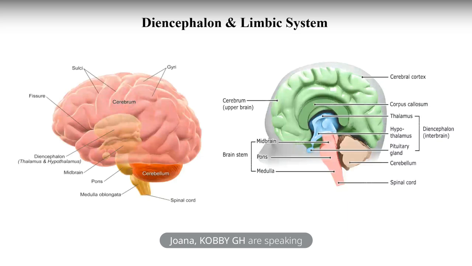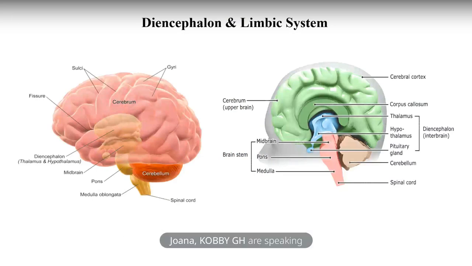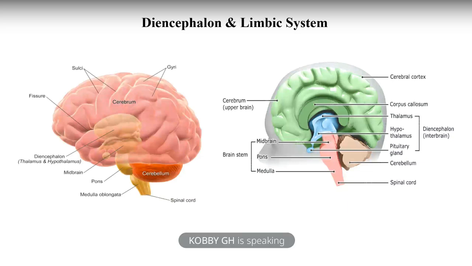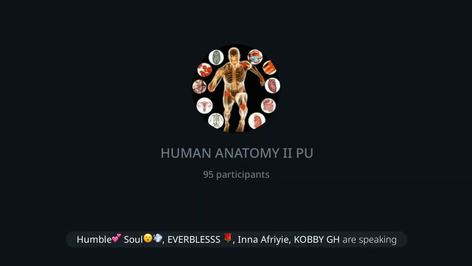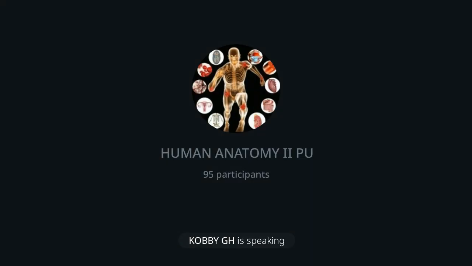Okay. Which is the largest portion of the brain? A, cerebrum. B, cerebellum. And C, brainstem. Cerebrum. Okay, listen to this one. Which is the largest part of the brain?